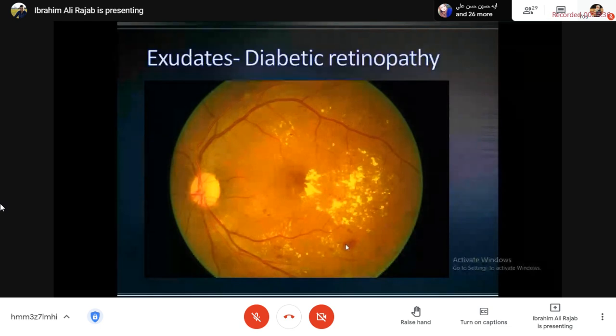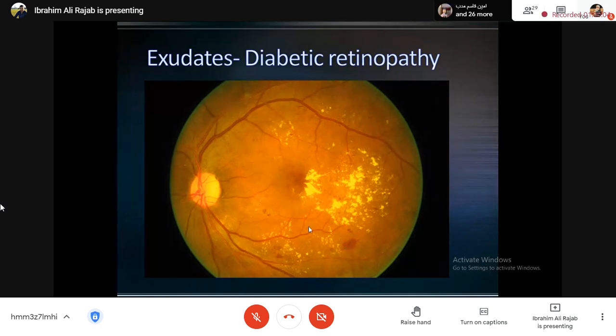We have 10 layers in the retina. One of them is called the nerve fiber layer. As I said, the nerve fibers send their fibers in the direction of the optic disc to gather and form the optic nerve. So the hemorrhage occurs in this nerve fiber layer, and it will take the shape of the nerve fiber layer, the flame-shaped hemorrhage.